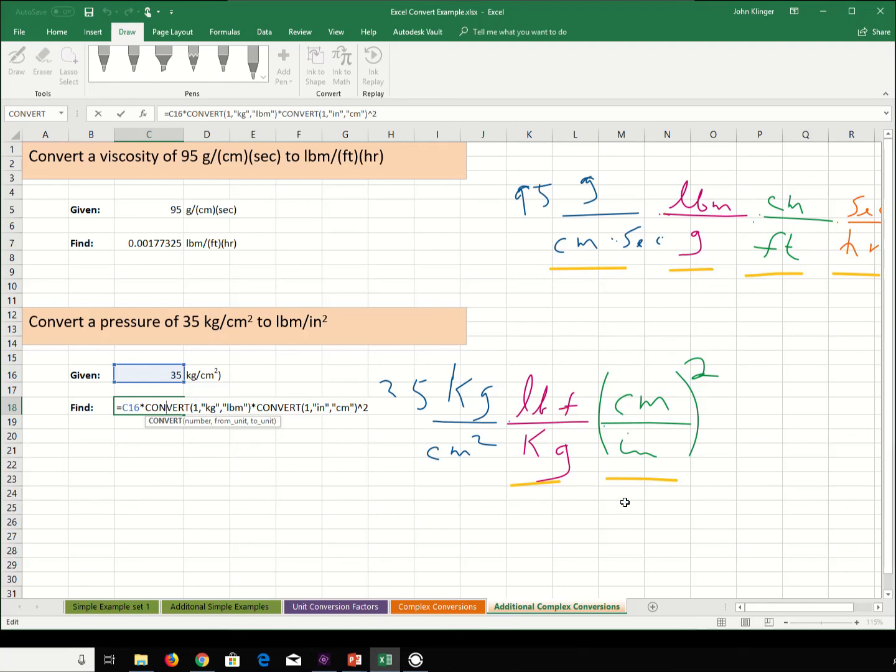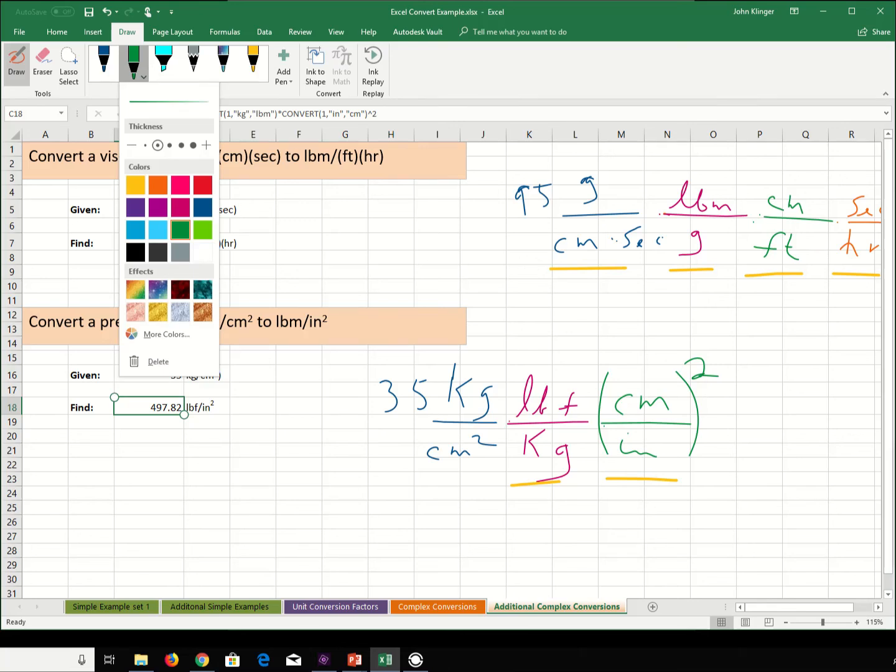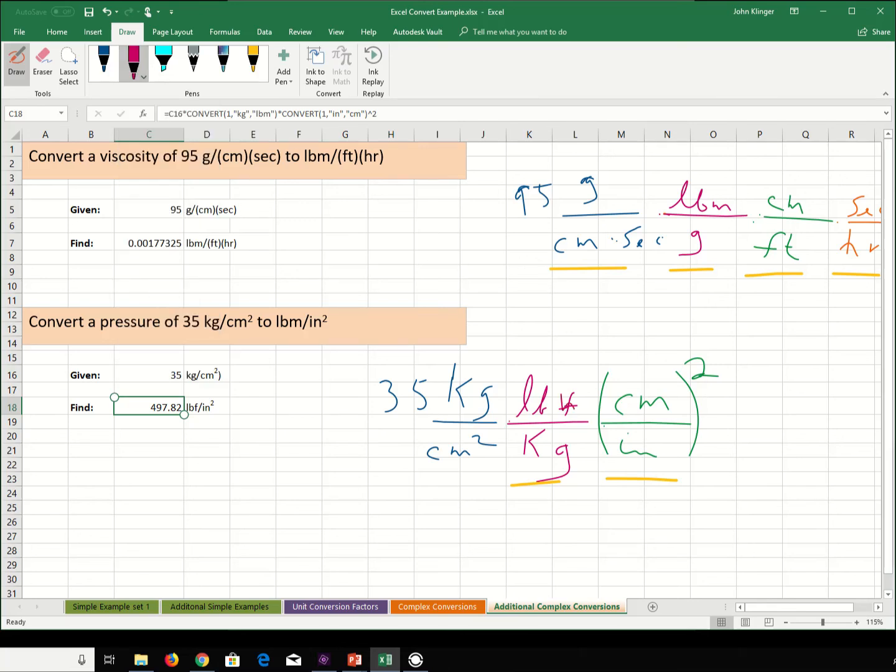I should have had pound mass there. Let's change that right this time. This should have been mass, right? And then for the last conversion factor, we have in the denominator inches and the numerator centimeters. So we did do that correctly.